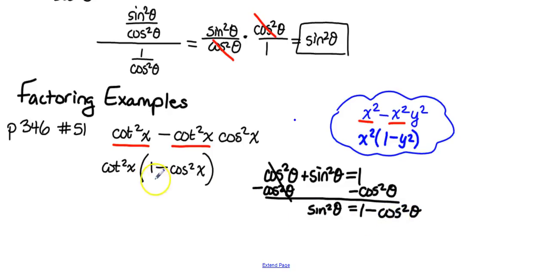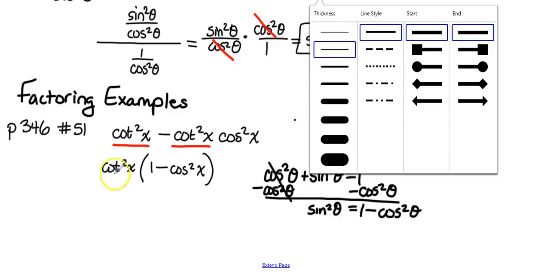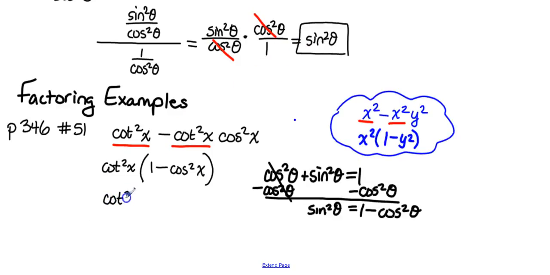And notice, 1 minus cosine squared. So, using that knowledge, I can now say cotangent of x squared multiplied by sine squared.